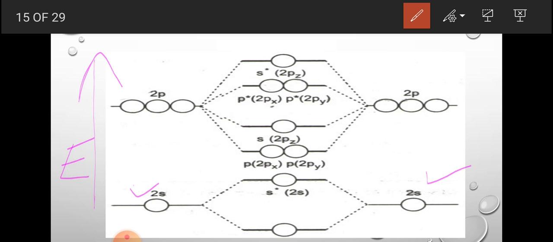Both have similar energy. Suppose this 2s has 20 kilojoule energy, and this has 20 kilojoule energy. Sigma star 2s will have 30 and this will have 10. The energy will be equal, but anti-bonding will acquire the higher energy and bonding will acquire the lower energy.